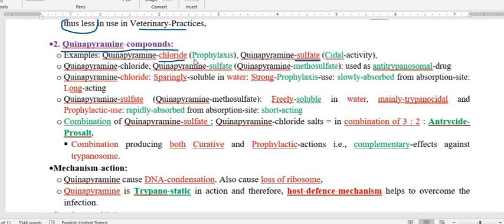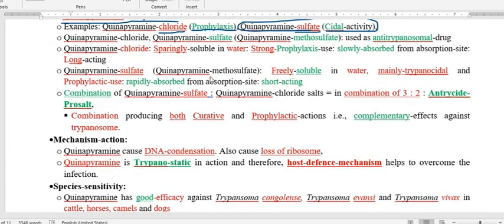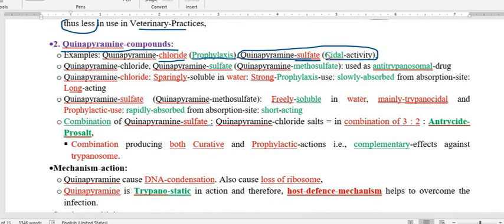Quinapyramine chloride is less soluble in water, and it is absorbed slowly, and therefore it acts for a longer time interval, and because of that we use the chloride salt as a prophylaxis measure, whereas the sulfate salt has good solubility in water, better and earlier absorption, and therefore we use it for therapy, that is the quinapyramine sulfate.